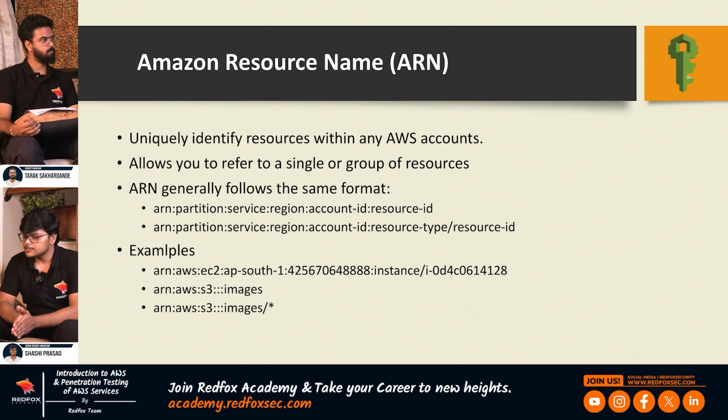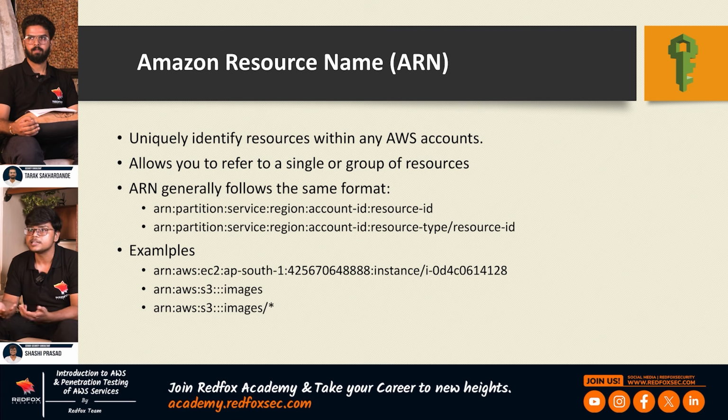Also, another thing is that some of the AWS services are global and some of them are regional. If it is a regional service, then this is the first format it will follow. But if it is a global service, it will not have the AWS account or the region. That's why you will see arn:aws:s3:::images.